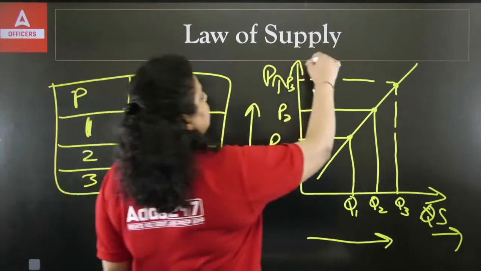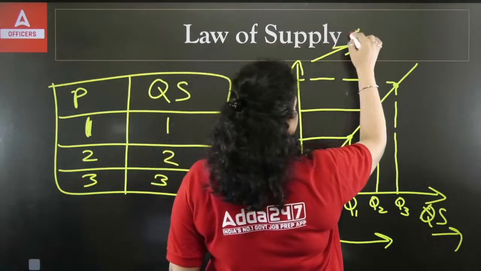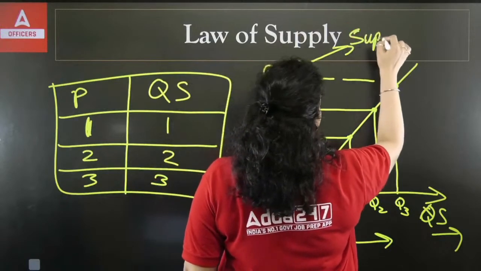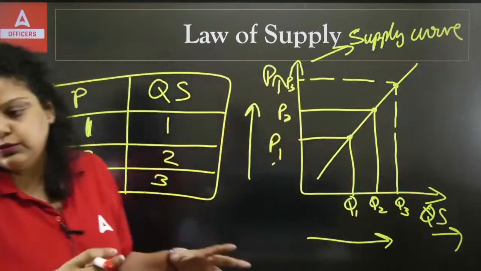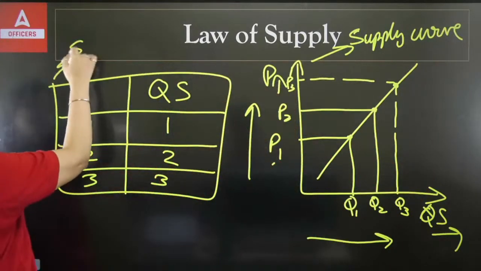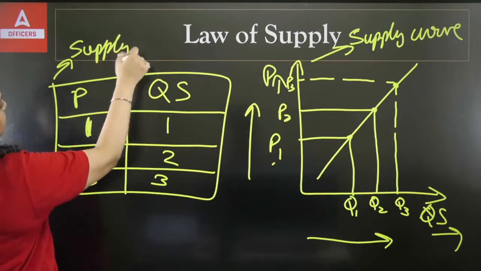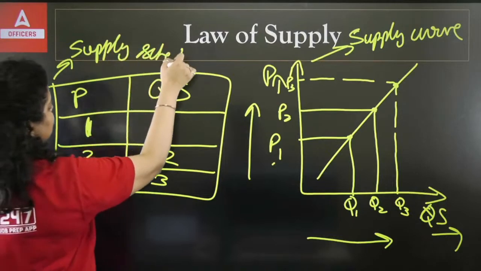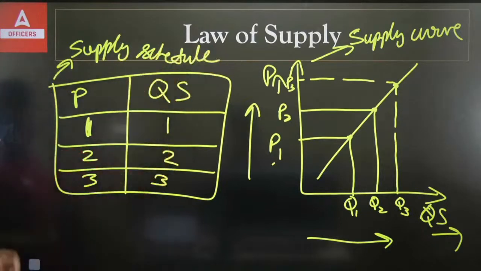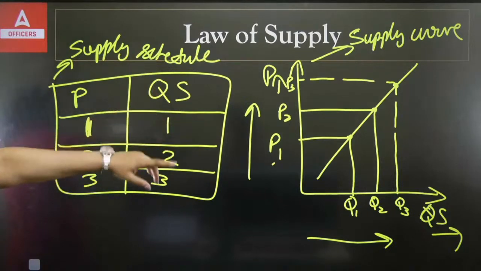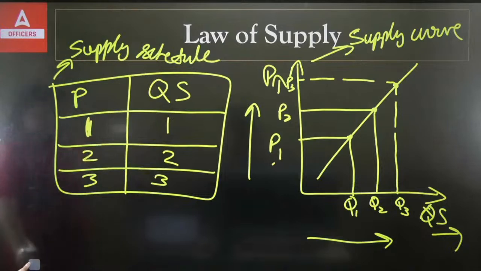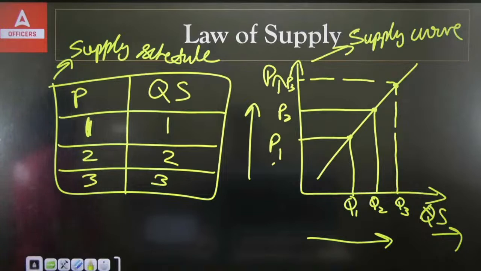This representation on a graph is known as the supply curve, and this is the supply schedule, because you have represented the relation between the two on a table. I hope it's clear to all of you what the supply schedule and supply curve are.